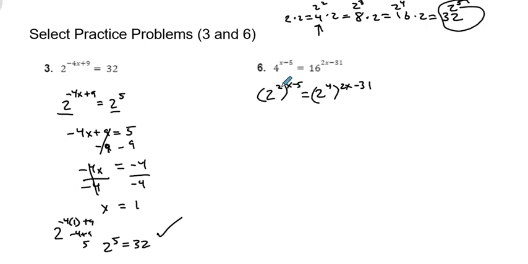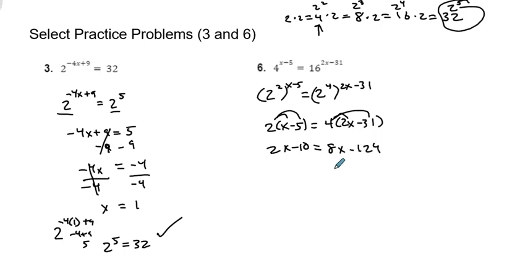Then you use your power rule, where you multiply the exponents. So you're going to have 2 times x minus 5, and we set our exponents equal to each other, equal to 4 times 2x minus 31. Then it's just distribute and simplify. So 2x minus 10 is equal to 8x minus 124.